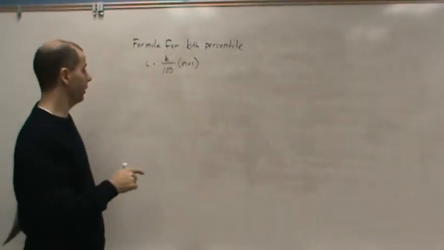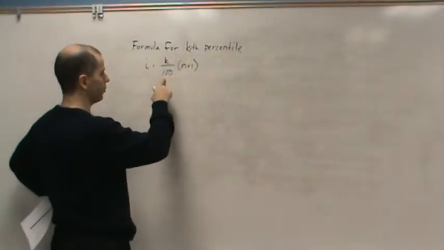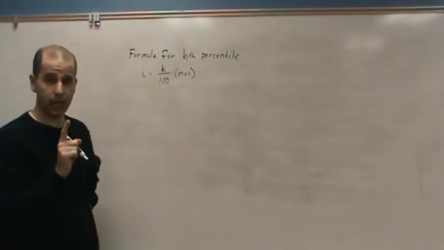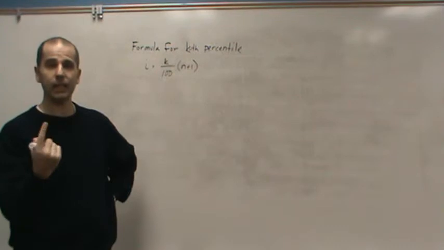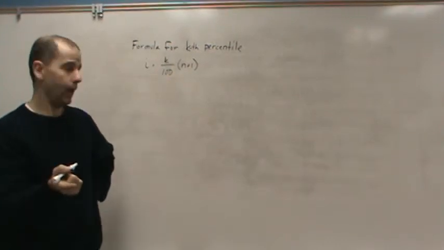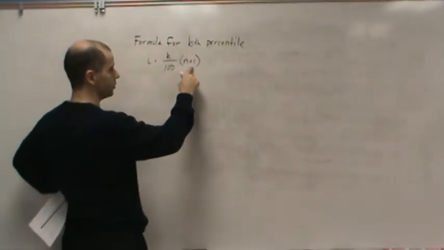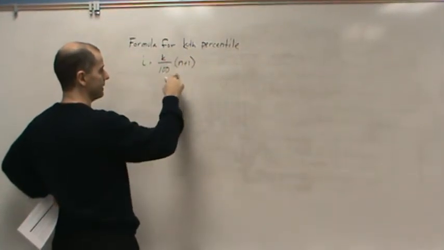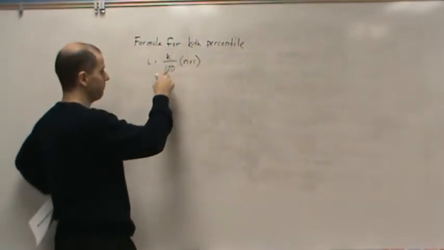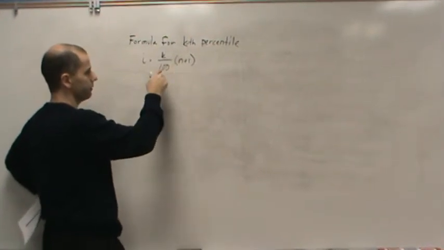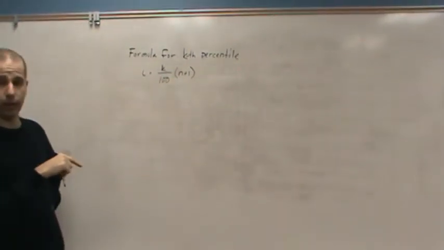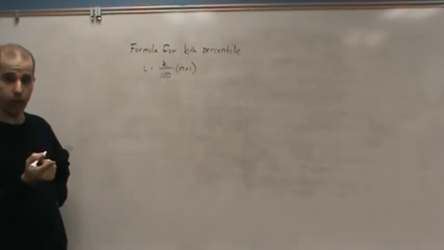Basically, look at what I'm doing. Think about it this way. It's out of 100, right? So what is a percentile? A percentile is 1 to 99. So I'm taking a proportion of the sample size plus 1, and finding what proportion of the sample size needs to fall at or below that value.